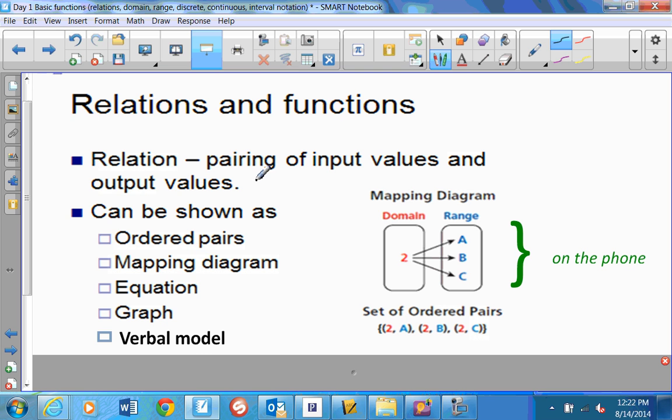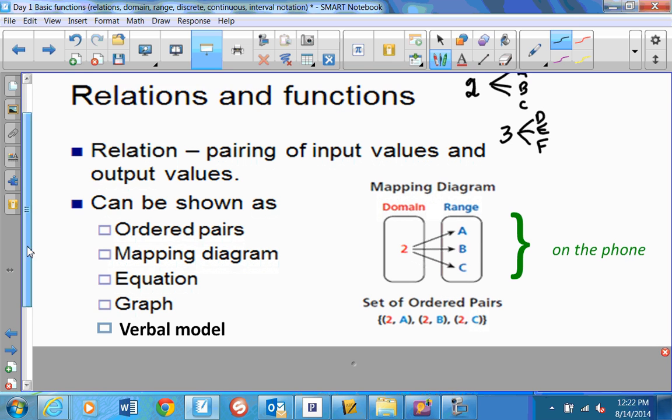Anytime you pair things up, like we did with the texting. 2 could be an A, B, or C. 3 could be a D, E, F. So I'm pairing the 2 to the A, the 2 to the B, and the 2 to the C.